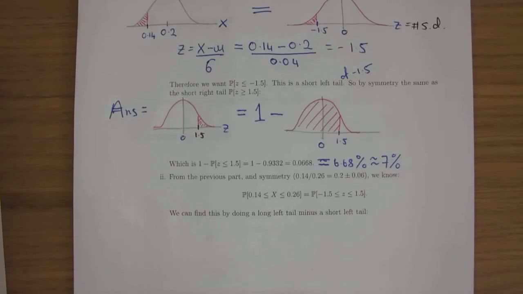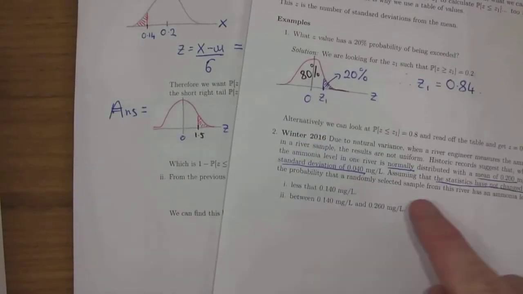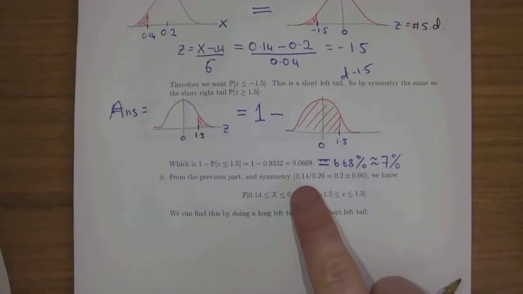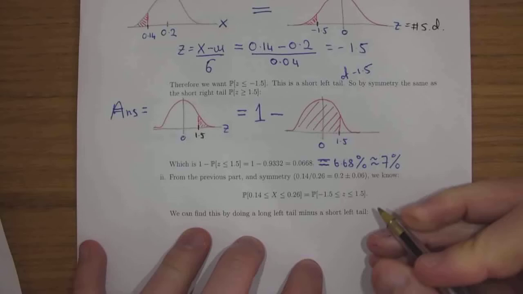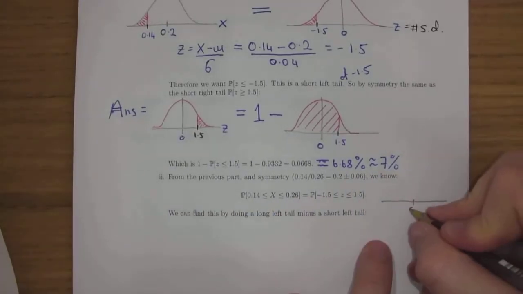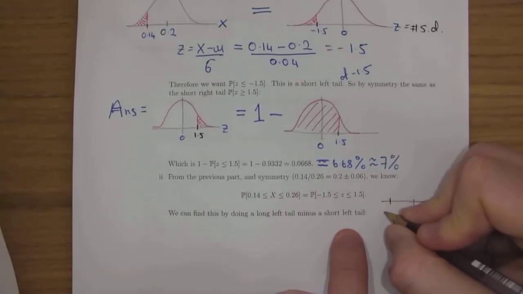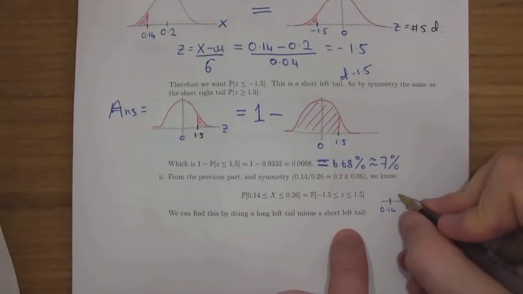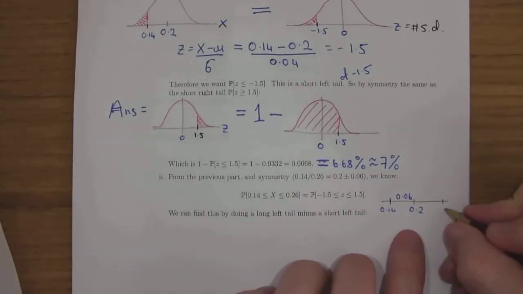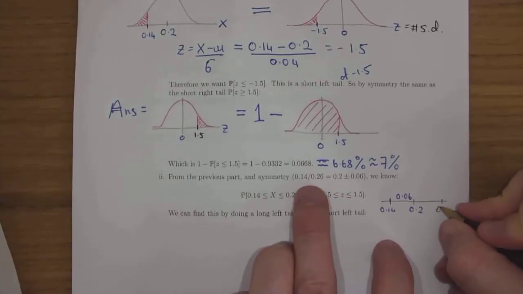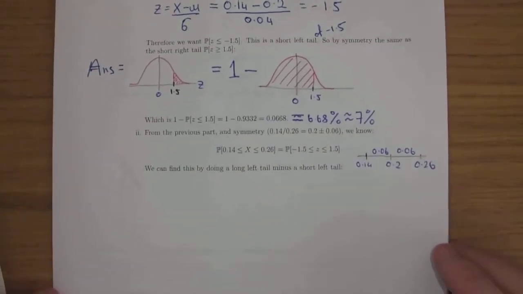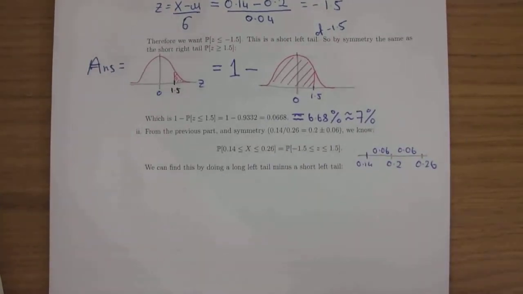Okay, the second part of this question is, what is the probability that it's between 0.14 and 0.26? The easiest thing here is to note that there's a symmetry. Let me just draw it. So 0.2, if you go back to 0.14, that distance is 0.06, which is 1.5 standard deviations. And if you go up to 0.26 as per the question, that's also 0.06, which is 1.5 standard deviations.